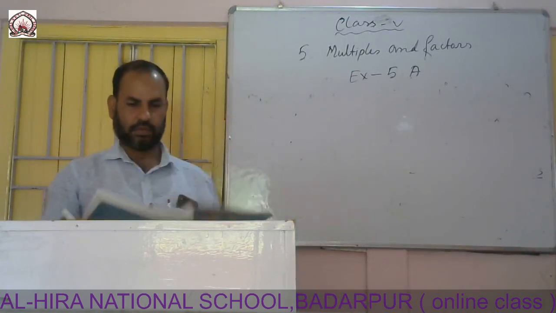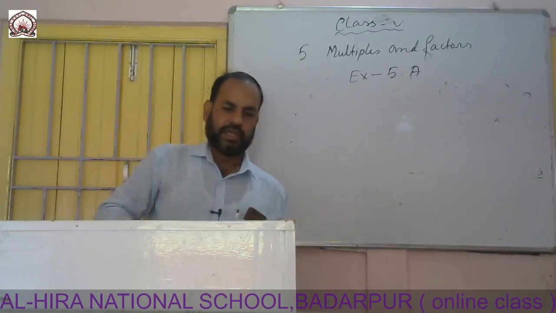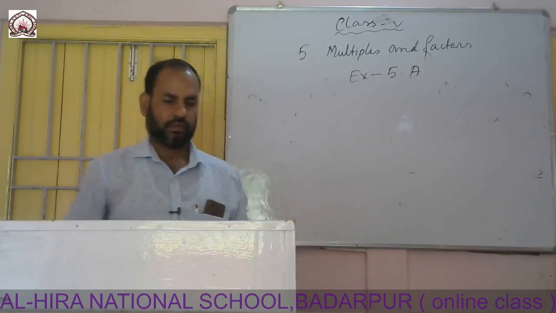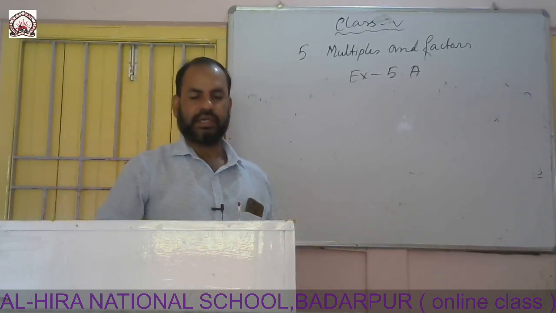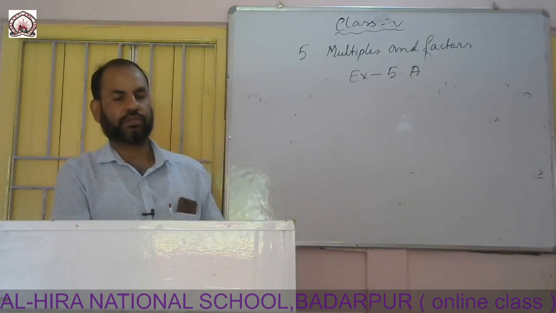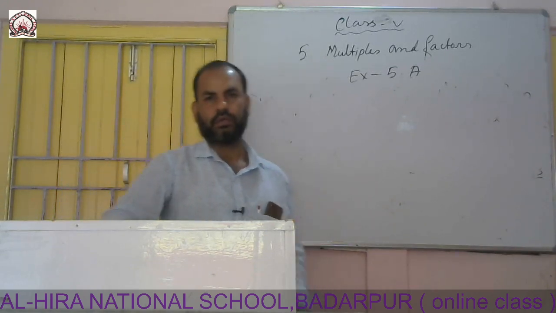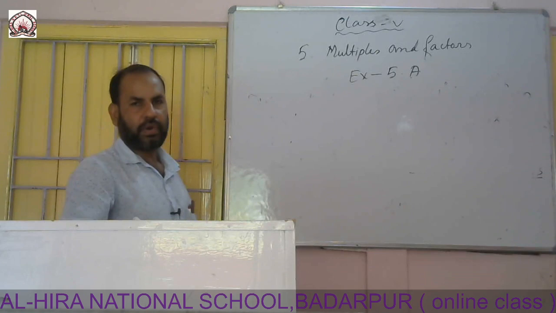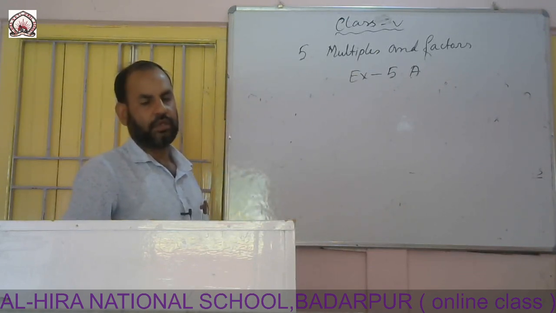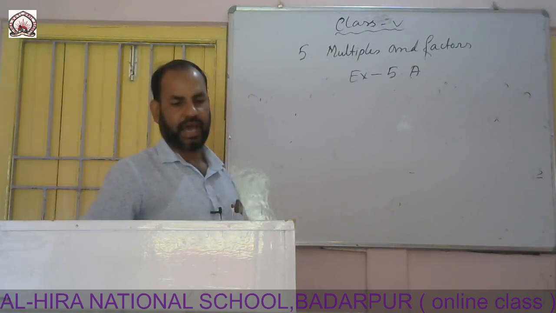Now we start the next topic, prime numbers. A number that is divisible only by itself and 1 is called a prime number. Or we can say a number which has only 2 factors, 1 and the number itself, is called a prime number.